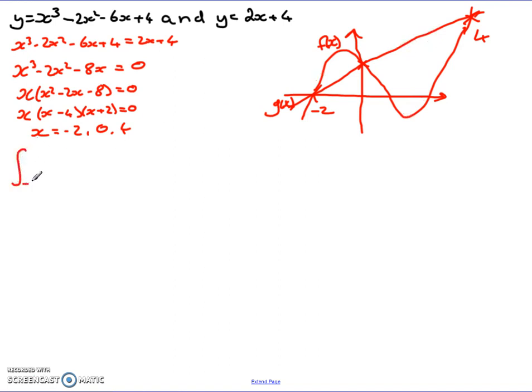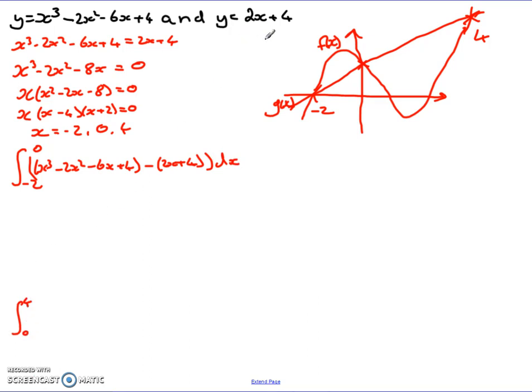I'm going to have to do the integral from negative 2 to 0 of the f minus g. So my x cubed minus 2x squared minus 6x plus 4 take away the 2x plus 4 with respect to x, so dx. And then I'm going to have to do a second integral from 0 to 4.